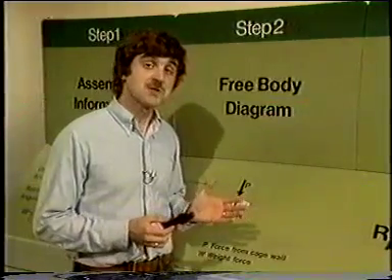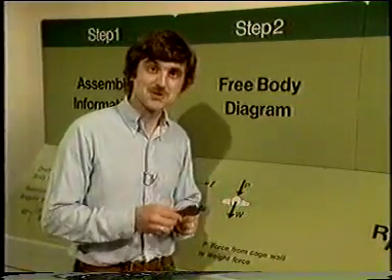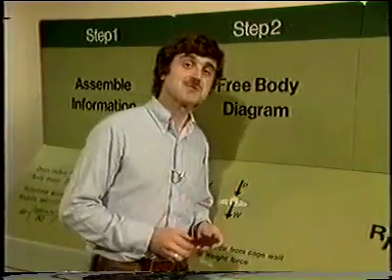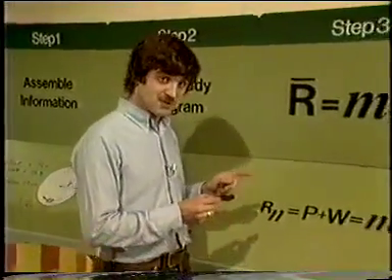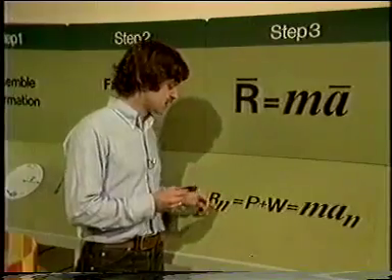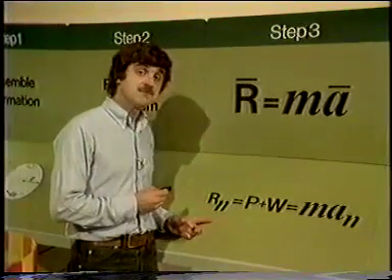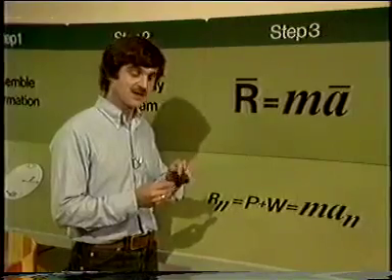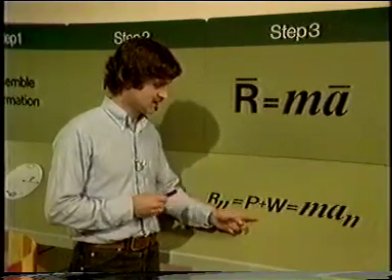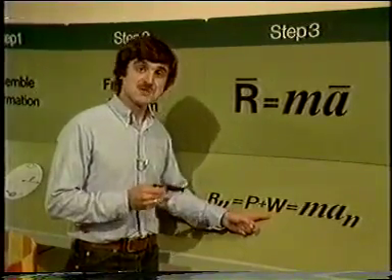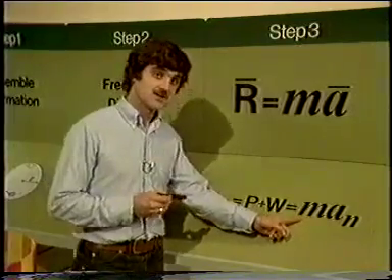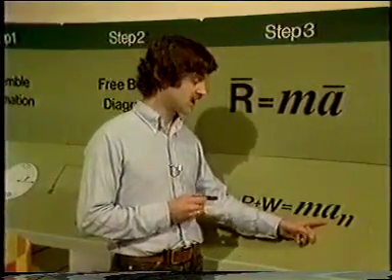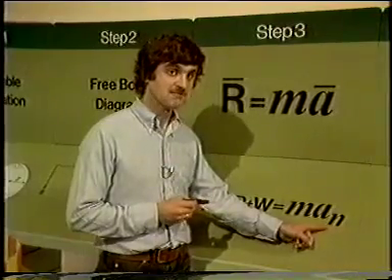Well, with the free body diagram for my man at the top of his wheel complete, I can now move on to step 3. The resultant force acting on the man will be in the normal direction, Rn, and will consist of the sum of the two forces, P on his back and W his weight. And by Newton's law, this must equal his mass times his acceleration, again in the normal direction, AN.